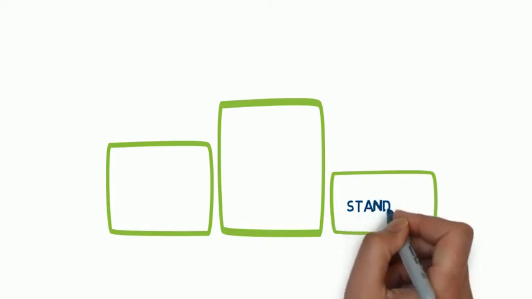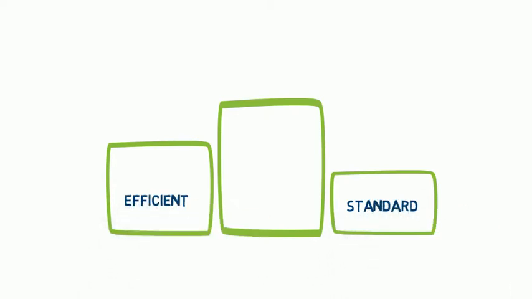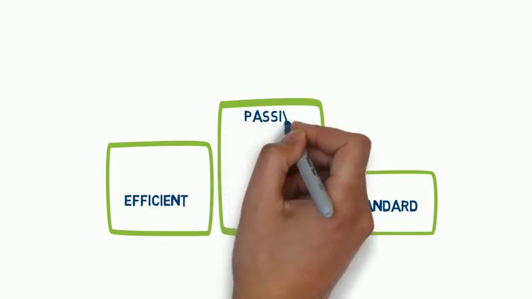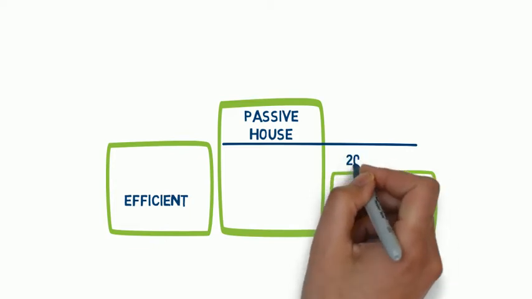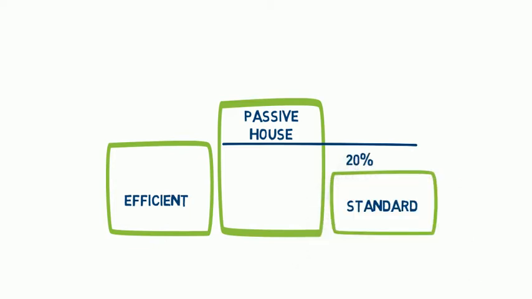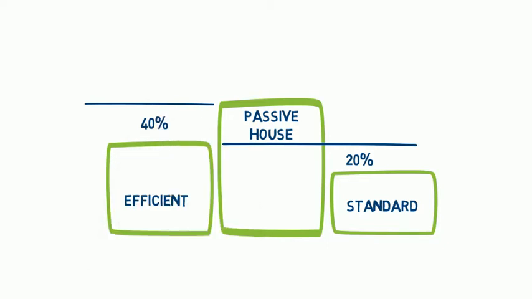We've preloaded the uBuildPRO system with 3 grades of efficiency concerning the key factors that influence compliance with Part L, and we've called these Standard, Efficient, and Passive House. Efficient is approximately a 20% improvement on Standard, and Passive House is approximately a 40% improvement on Efficient.